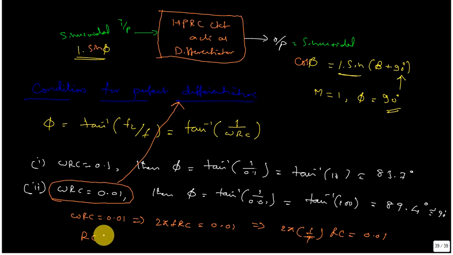From this, RC should be less than or equal to 0.01 T divided by 2 pi. If this condition is satisfied, then we can say the high pass RC circuit can act as a perfect differentiator. Okay. Thank you.